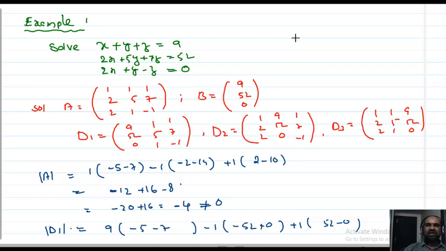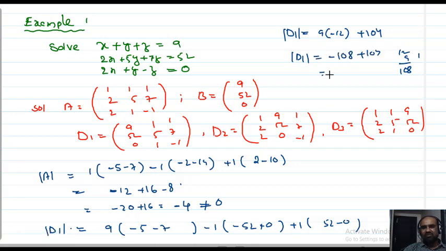So I will write here D1. So what is that? This is minus 5 minus 12, 9 into minus 12. This is plus 52, plus 52 plus 104. So 9 2s are 18, 9 1s are 9, 108. Minus 108 plus 104, that is minus 4.